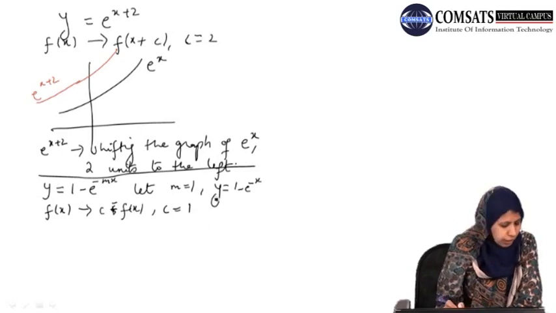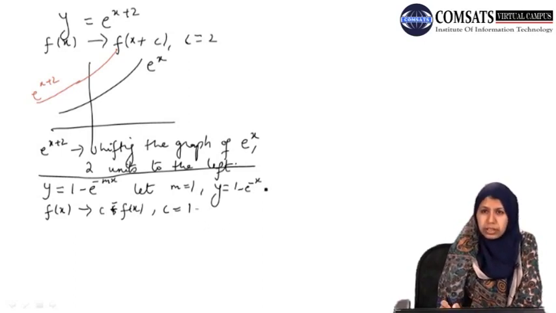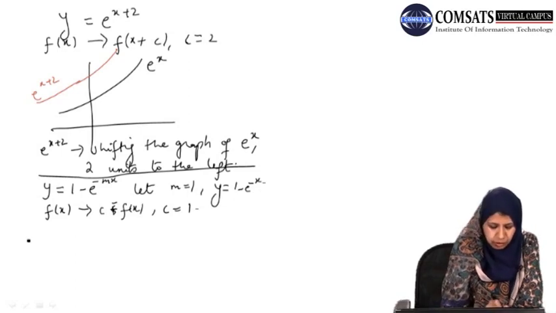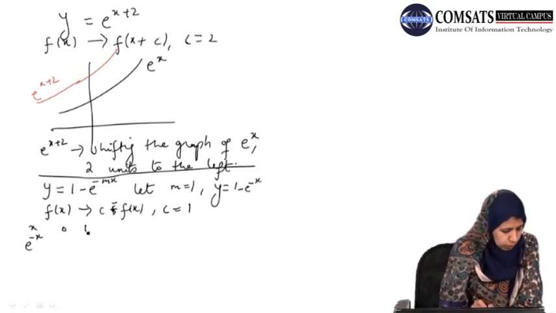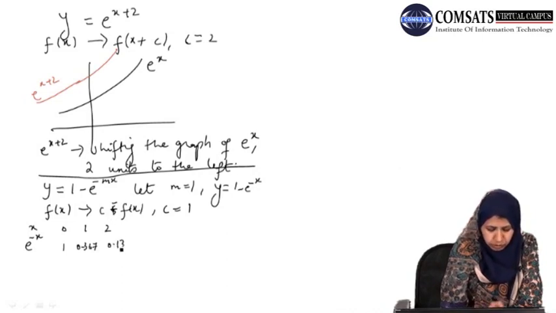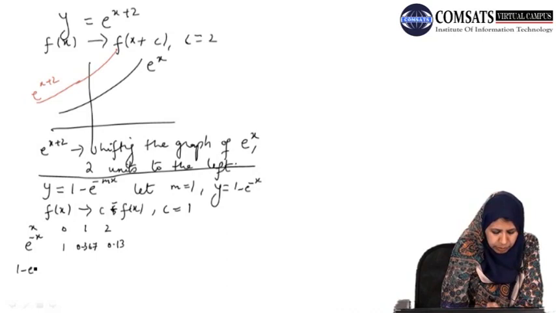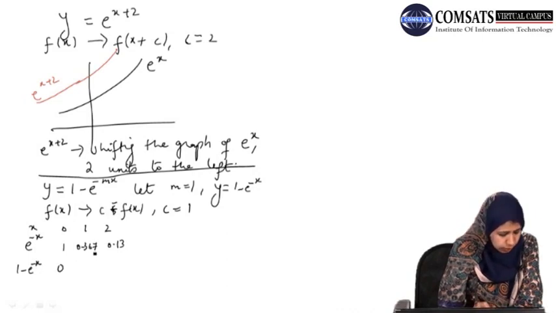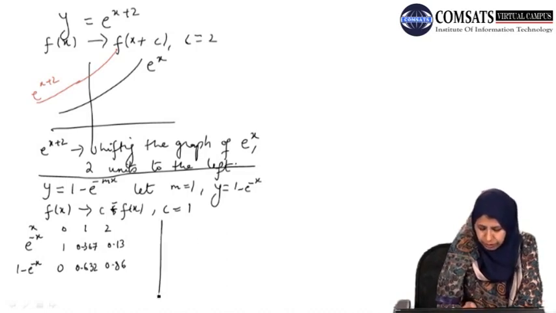So for this, first we have to plot the graph of e to the power minus x. What are the values of e to the power minus x? When x is 0, 1 and 2, they are 1, 0.367, 0.13, and 1 minus e to the power minus x will be equal to 0, 0.632, 0.86 and so on.